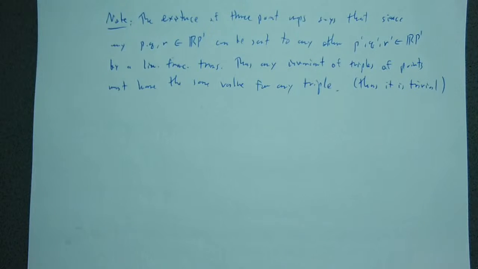It's trivial. It's pointless, because projectively, any 3 points can be sent to any other 3 points. So talking about projective invariance of 3 points is useless. Projective invariance of 4 points, however, well, we already know the cross ratio is an example. And in fact, as I've said, it is the fundamental example. So it is basically, in some sense, the only one.